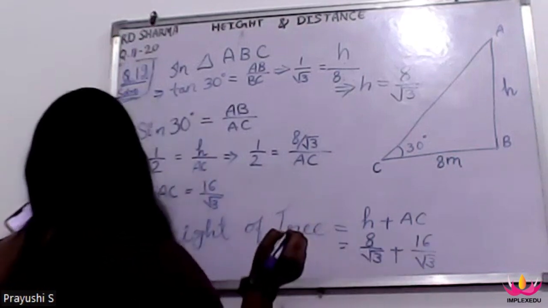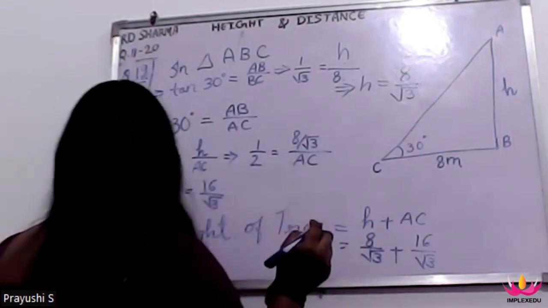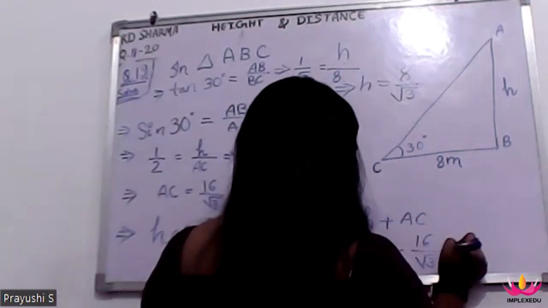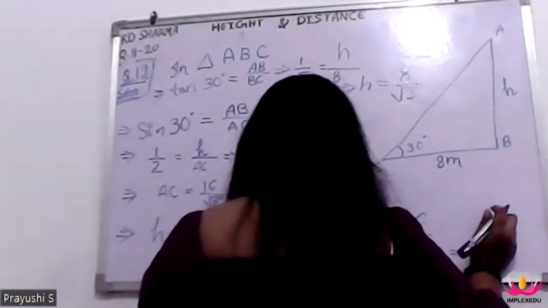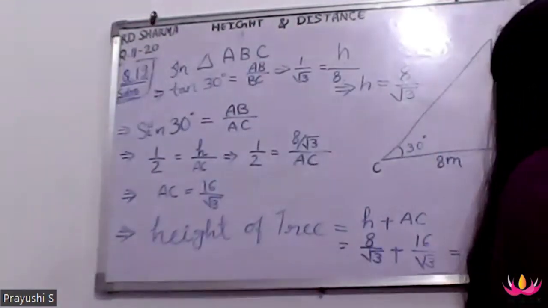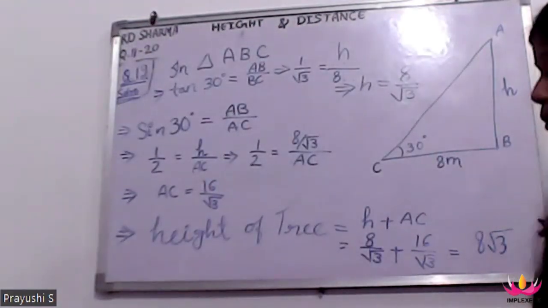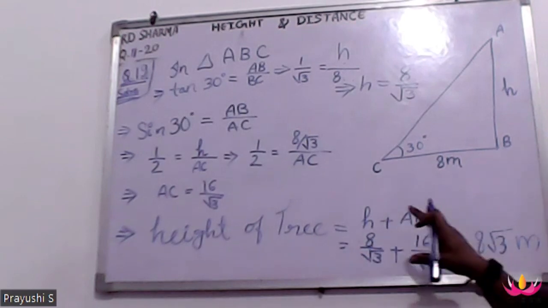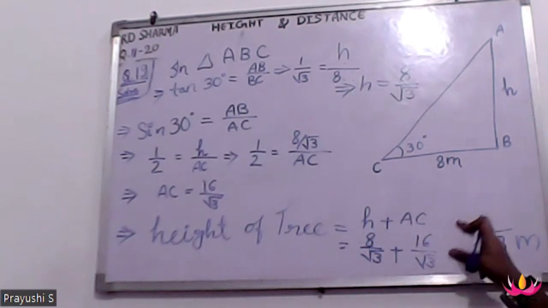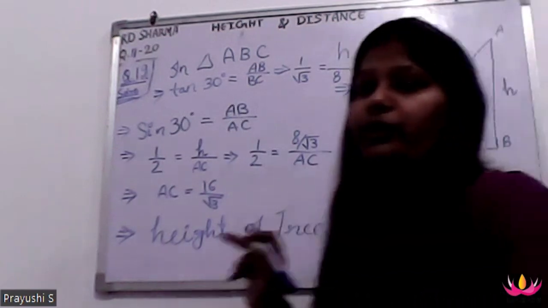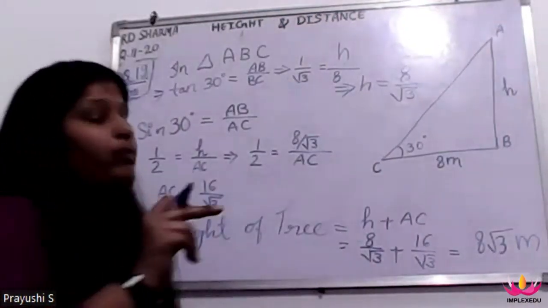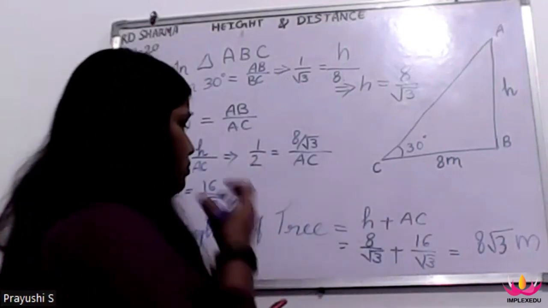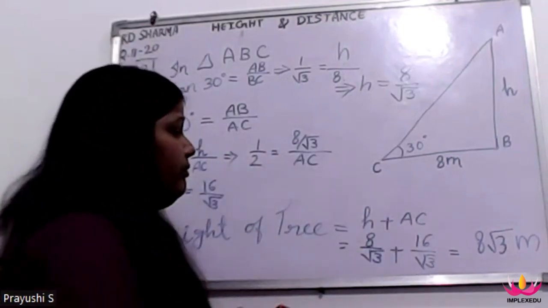When we solve this, we get 24 upon root 3, and simplifying we will get 8 root 3 meters. Okay, so this is how we have solved this question.